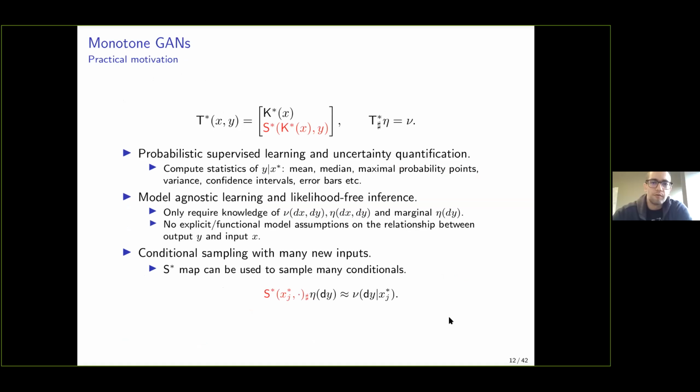Okay, so practical motivation, again: why would one want to do generative modeling for conditional sampling? One thing is it naturally lets you do probabilistic supervised learning and uncertainty quantification because you can easily compute statistics on the conditional of Y given a new input X star.